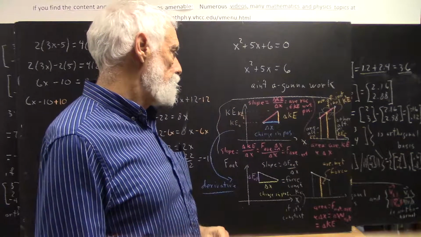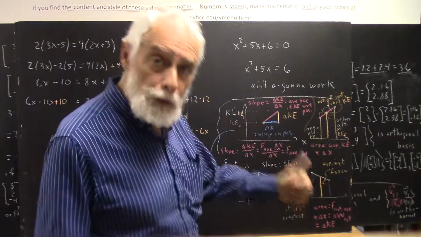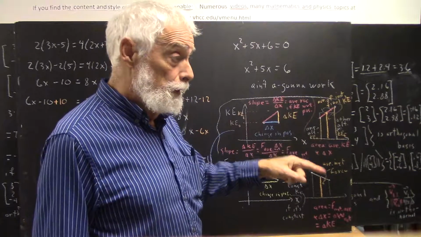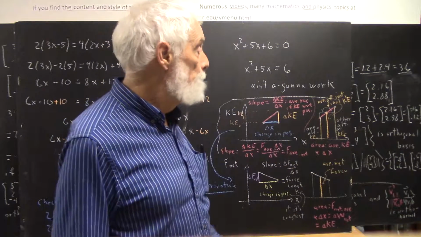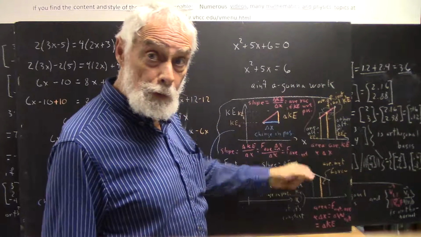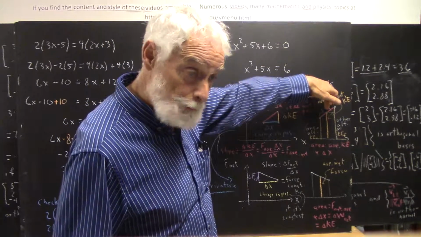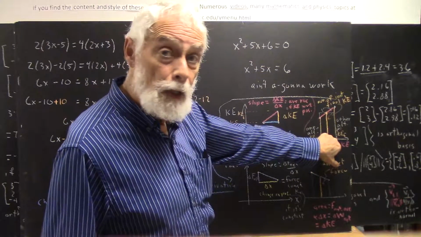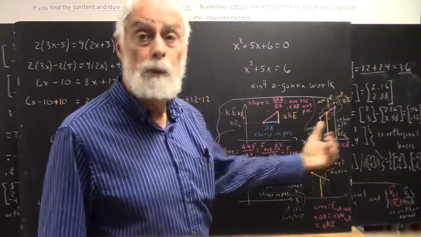But anytime you see a graph, you need to ask yourself, what does the rise mean? What does the run mean? What therefore does the slope mean? And then, what does the average graph altitude between the points, the average value of this function, mean? What's it mean to multiply that by the corresponding width, by the change in your independent variable?